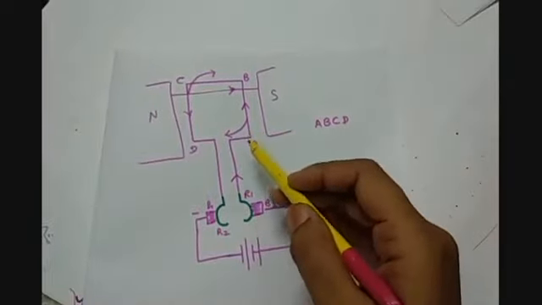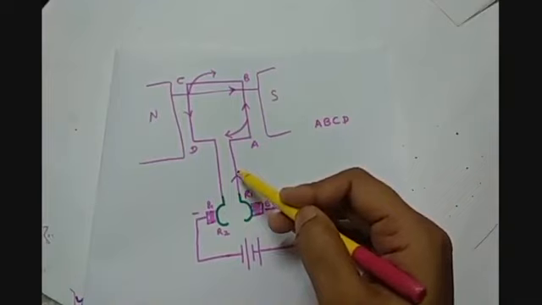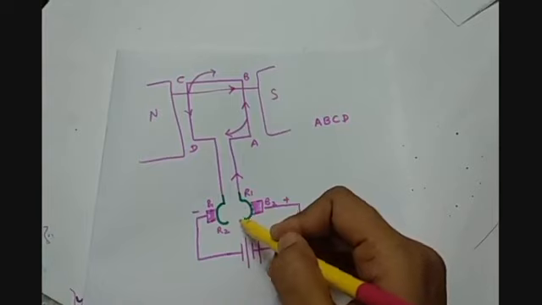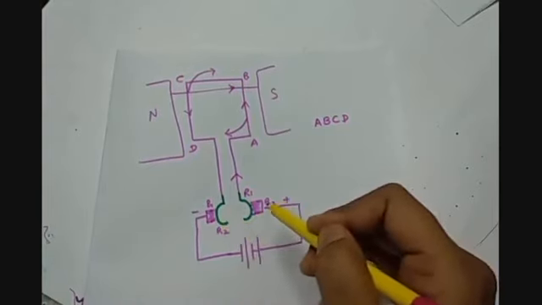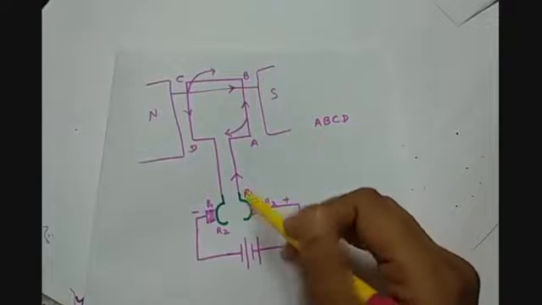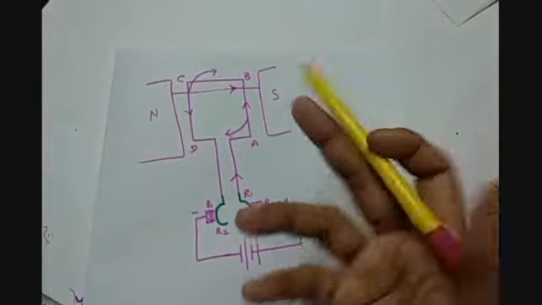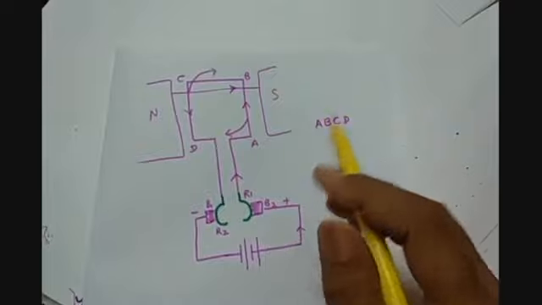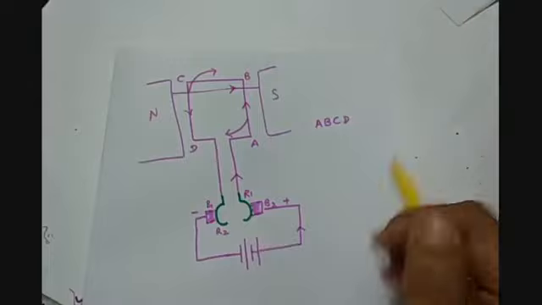Remember that the current is flowing in the same direction. What is only changing with the help of the split rings, or the commutator, is the connection between the brushes and the rings. For that reason only we are able to make it rotate continuously clockwise or anti-clockwise, depending upon in which direction you are applying the current. So this is all about the working of the electric motor, the DC motor.